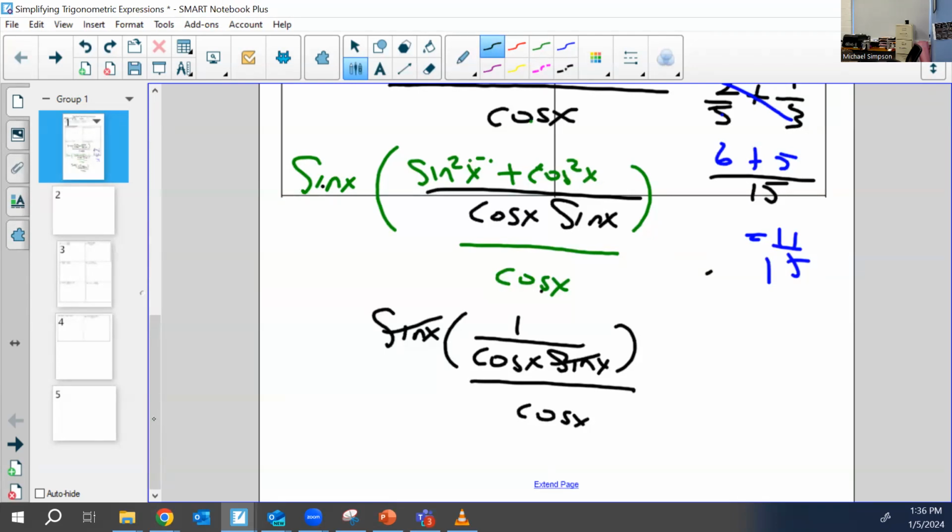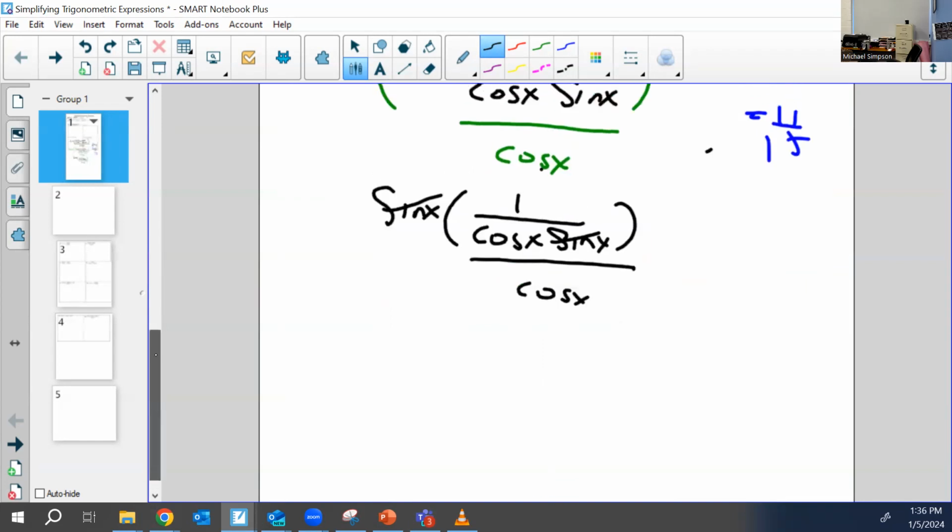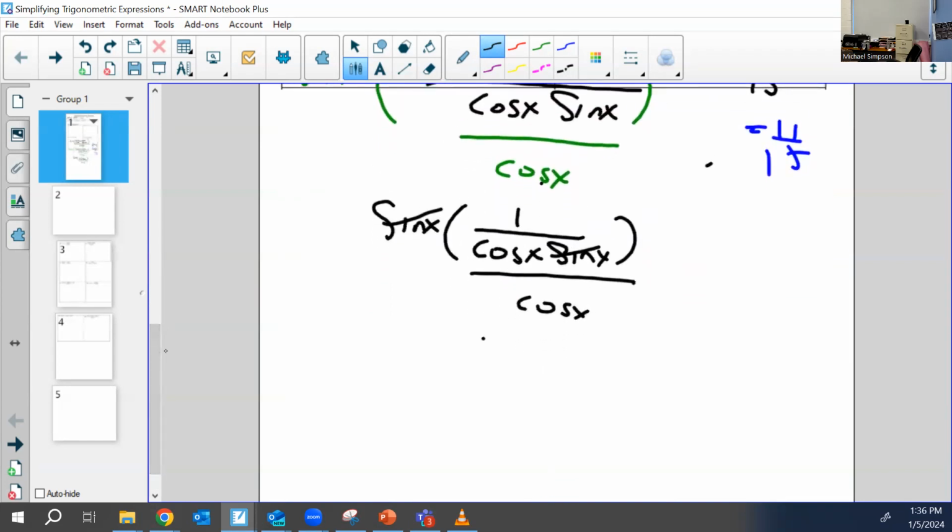And now I'm left with 1 over cosine x over what? What is that equal to? You all know this. What is 1/5 divided by 2? You just multiply 2 times 5. It gives you 1/10.